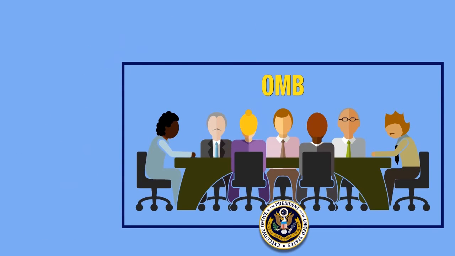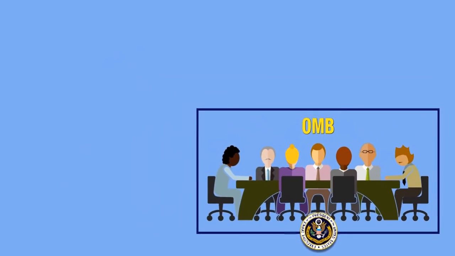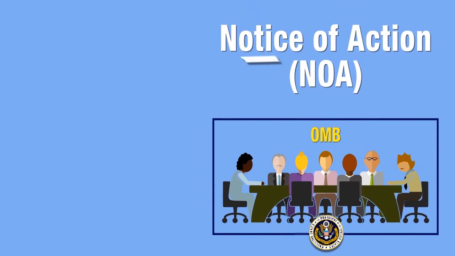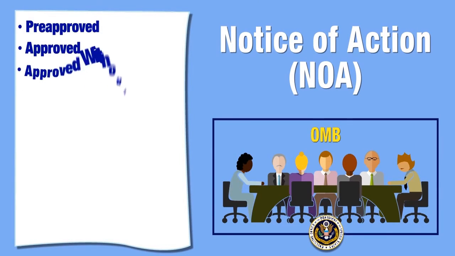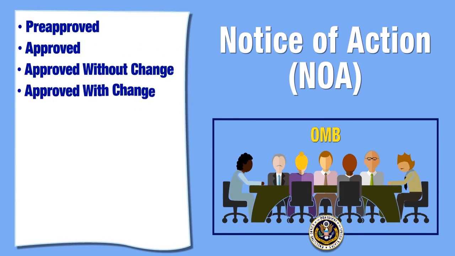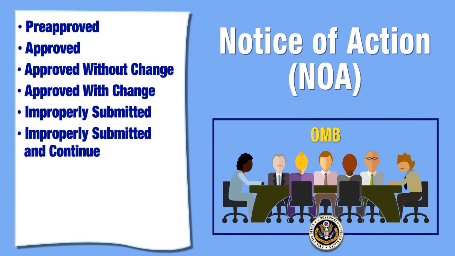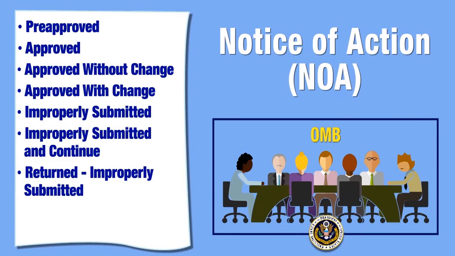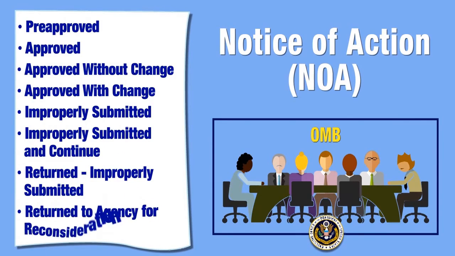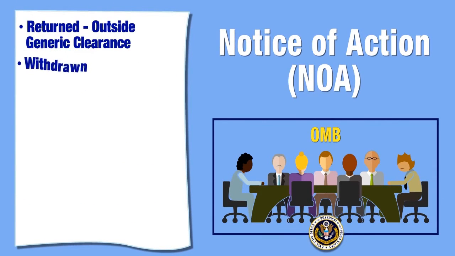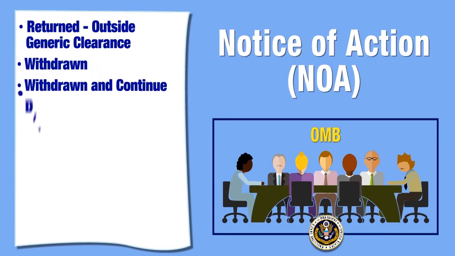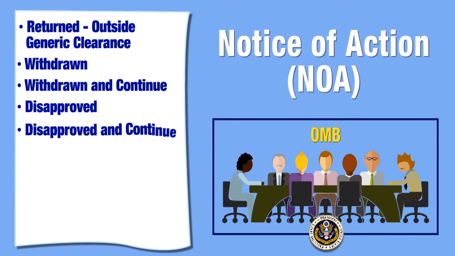After reviewing the information collection request package and considering public comments, OMB will issue a notice of action that will provide one of the following responses: pre-approved, approved, approved without change, approved with change, improperly submitted and continue, returned, improperly submitted, returned to agency for reconsideration, returned outside generic clearance, withdrawn and continue, disapproved, or disapproved and continue.